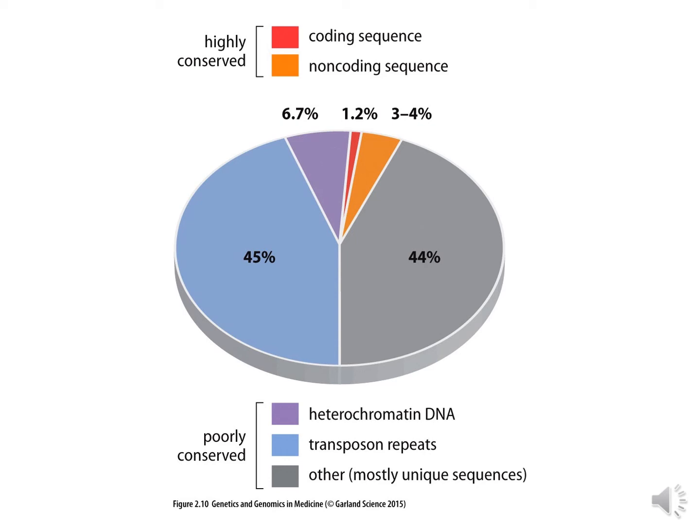Transposon repeats include highly repetitive interspersed repeats such as ALU and LINE-1 repeats. It is thought that during evolution, some of these repeats contributed to the formation of new exons and regulatory elements, including some of the long non-coding RNAs.